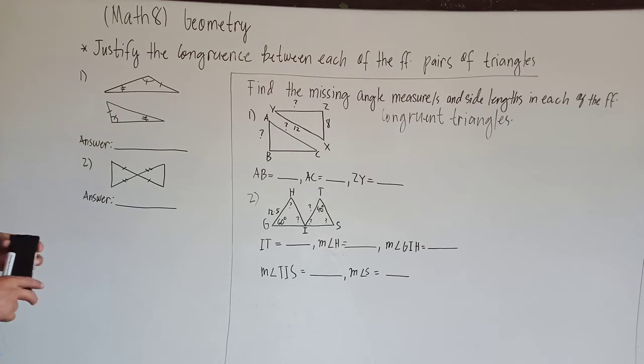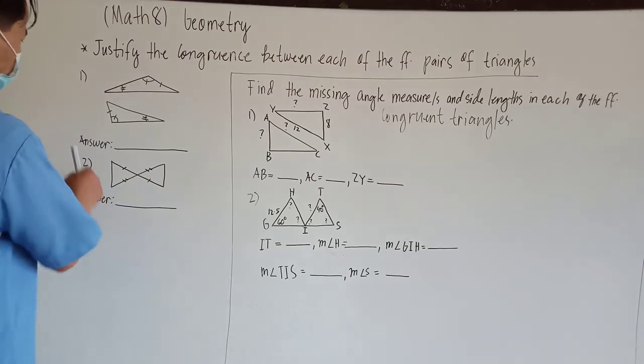When we talk about justifying the congruence between these pairs of triangles, all we have to do is identify the postulate that refers to its congruency. For example, in number 1, we have two triangles.